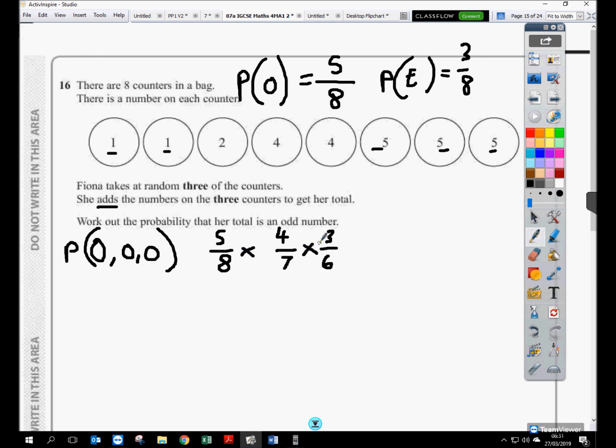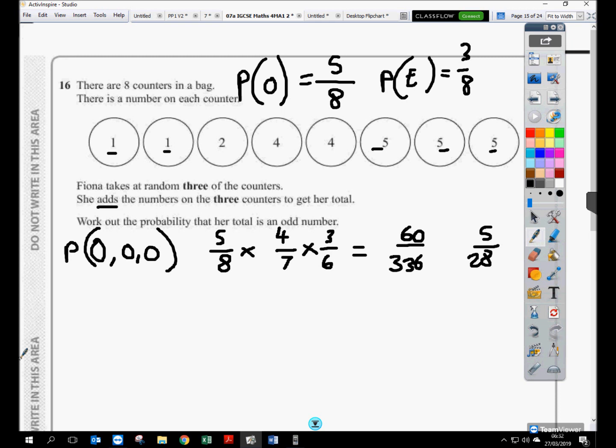And what we do is we multiply these probabilities together. Now, I'm not drawing the tree diagram, but when you times these fractions together, you end up with 60 over 336. This cancels down to 5 over 28, depending on whether you have used the calculator or not. Now, what about other combinations to end up with an odd number?